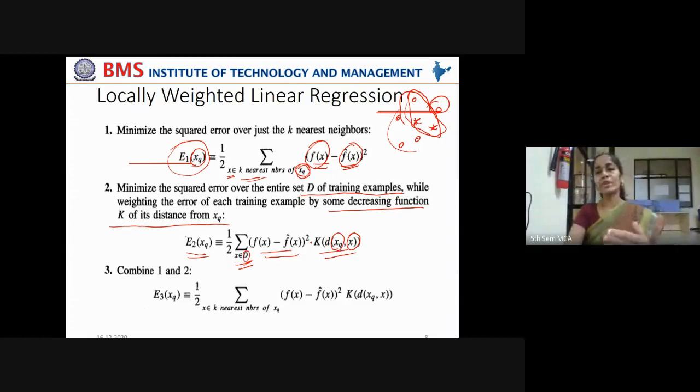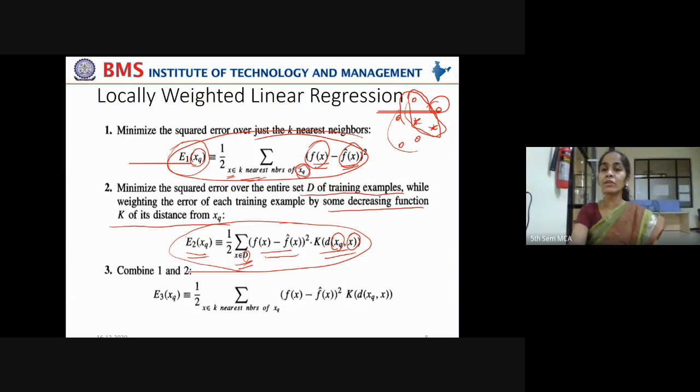In the earlier case, you considered only k nearest neighbors. But in this case, you are considering all the training examples, but adding the distance measure. If the distance of the new instance from the existing instance is far, add a lesser weight.